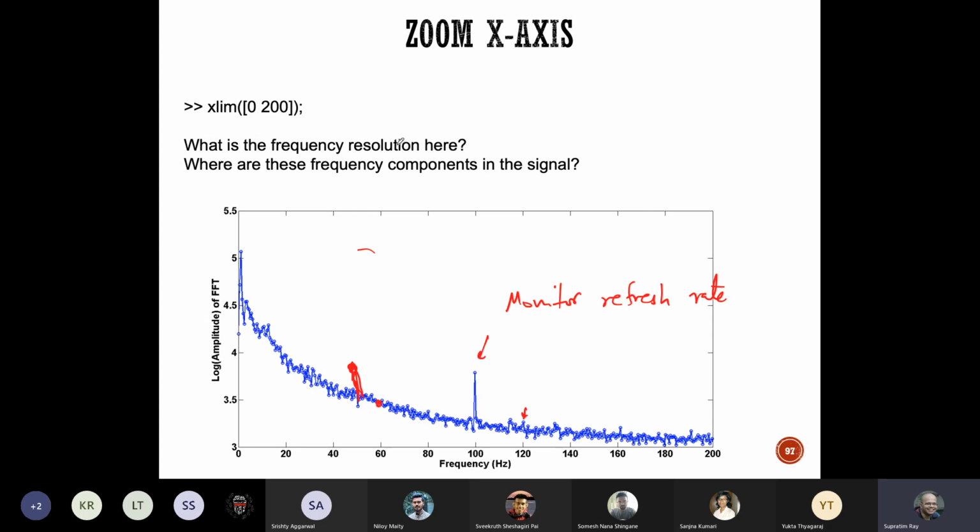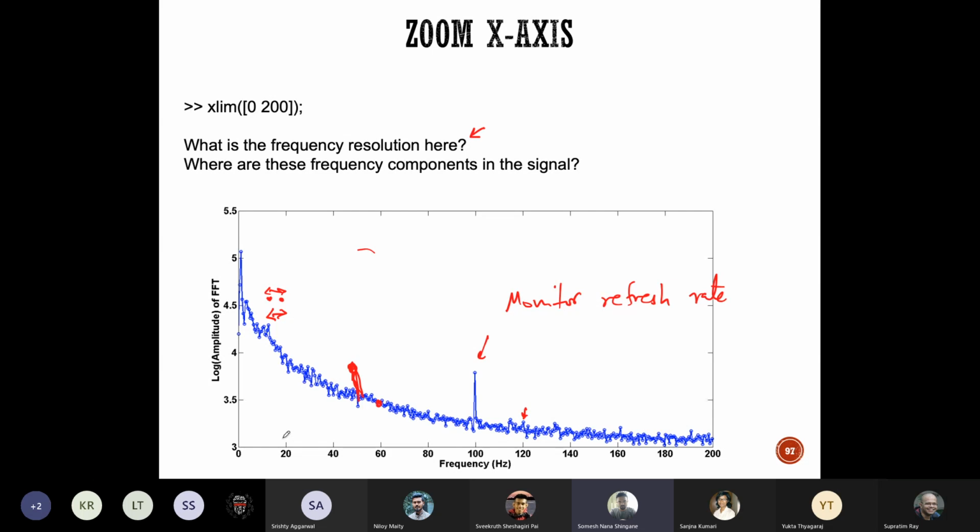Okay, so one last thing before we wrap up. Can anyone tell me what's the frequency resolution of the signal? Which means that in the frequency axis, how far are the points? If I look at one point and another point, what's the distance in the frequency axis? By distance, what do you mean?